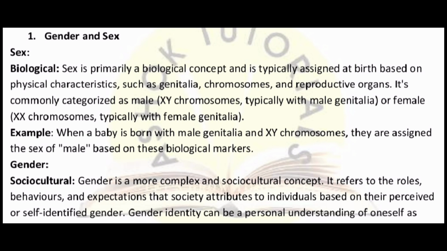When we say sex, it can be a boy or it can be a girl. When a child is born, we know the sex of the child, whether it is going to be a boy or a girl, a male or a female.